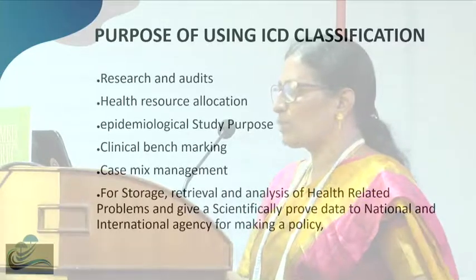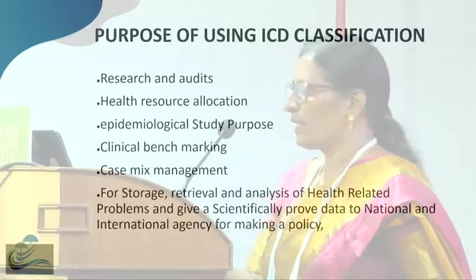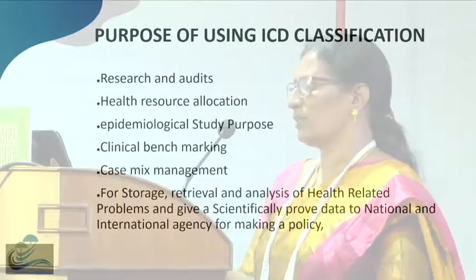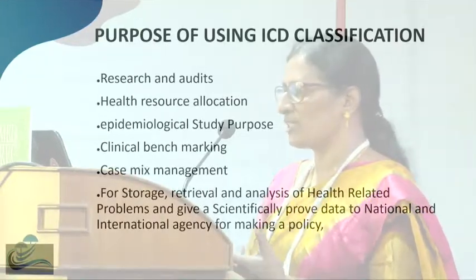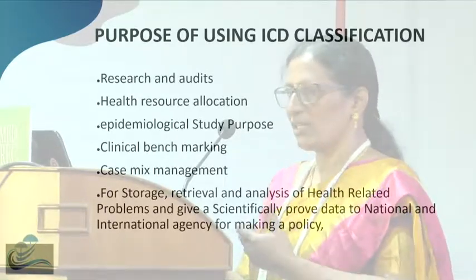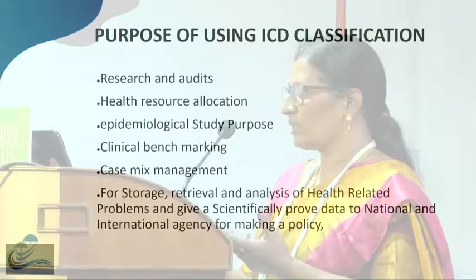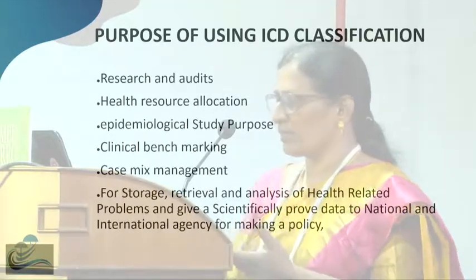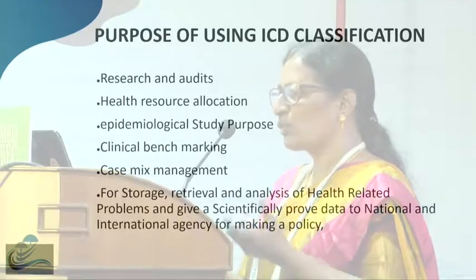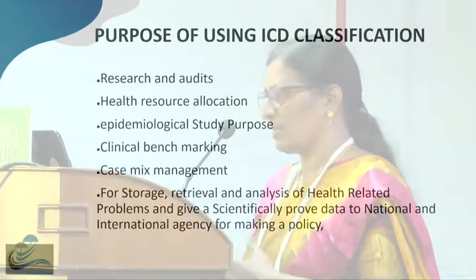The purpose of using ICD classification: mainly doctors and researchers use it for research and audits, especially if doctors are asking for cases of glycogen diseases or biliary atresia, and they do a study.